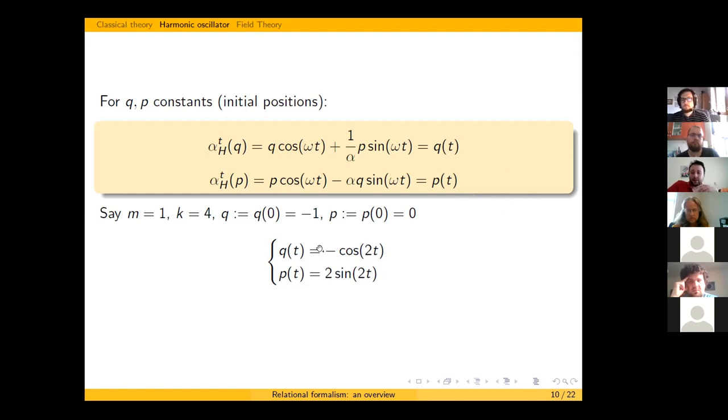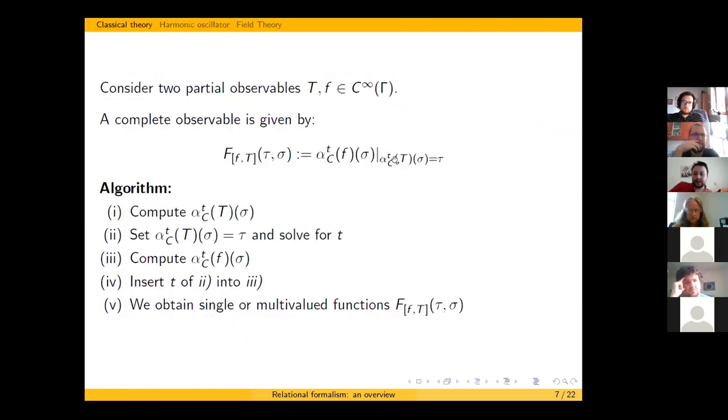And we would have, for example, the kinetic energy with respect to Q or with respect to P. So we can have infinitely many possibilities, but it depends only on how you relate them. And this is exactly the way that we do this, independent of the gauge we have.